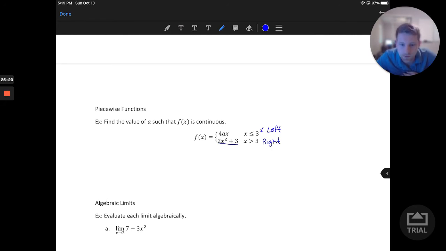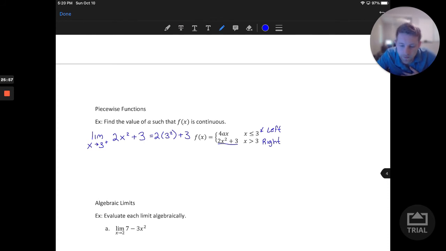So for all values x greater than 3, we could say that's representing the limit as x approaches 3 from the positive end. So that's the limit I want to evaluate, and I'll evaluate that with the 2x squared plus 3 function. That would be all values greater than 3. So if I evaluate this limit, we'll find this limit to be 2 times 3 squared, and then plus 3.